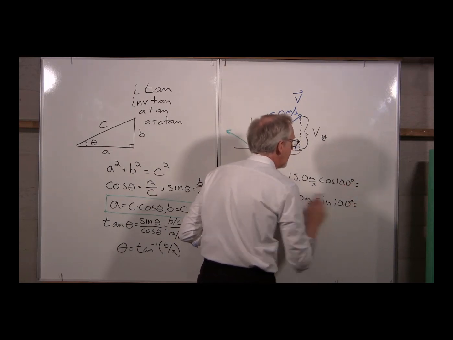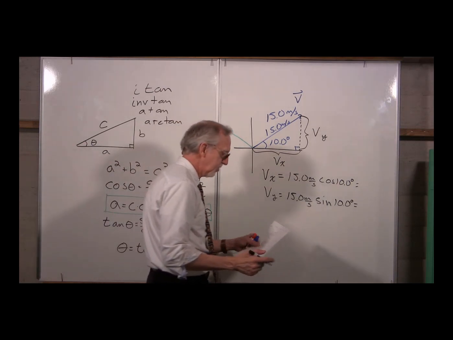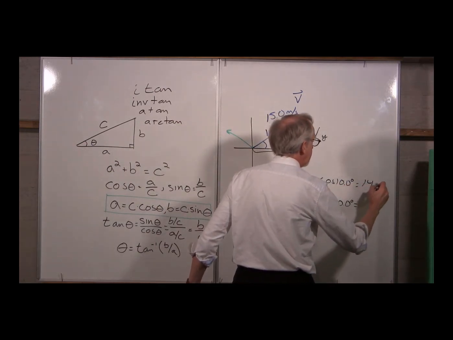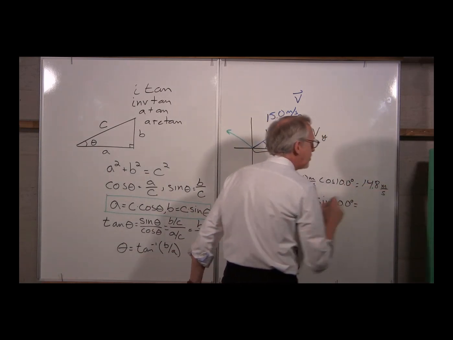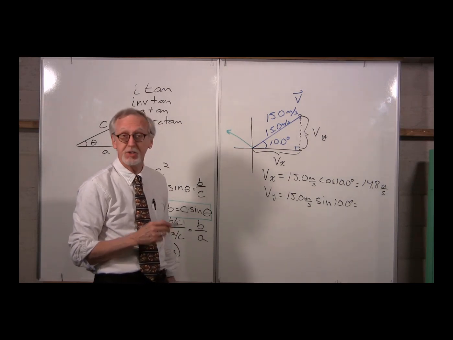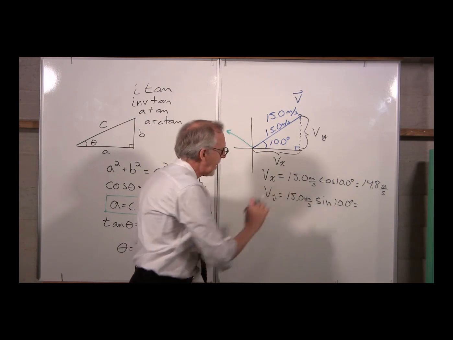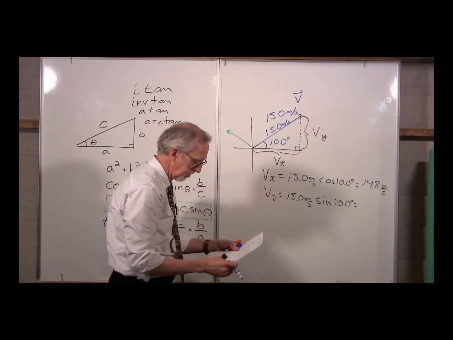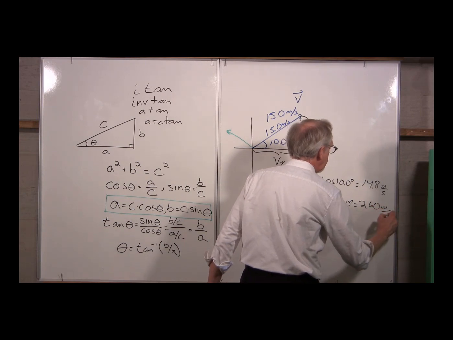So we can multiply these out, and what we find is that V sub x is 14.8 meters per second. So make sure to keep those units with your components. The components also have to have the same units as the magnitude. While V sub y, which is 15 sine of 10 degrees, is 2.60 meters per second.